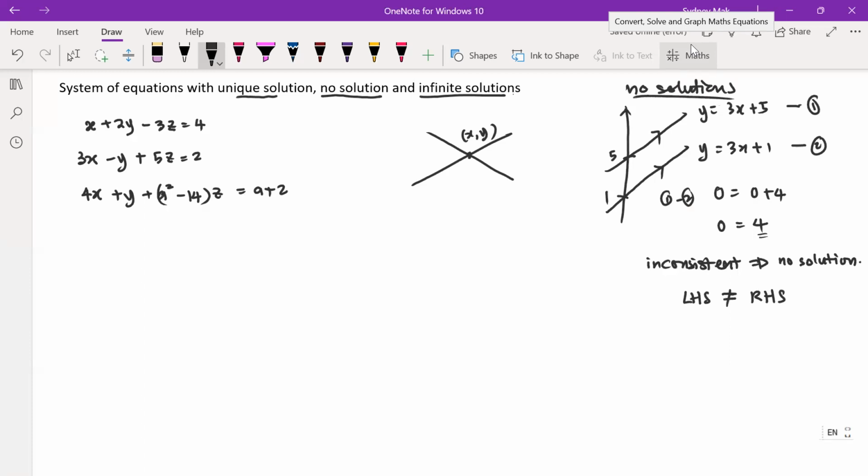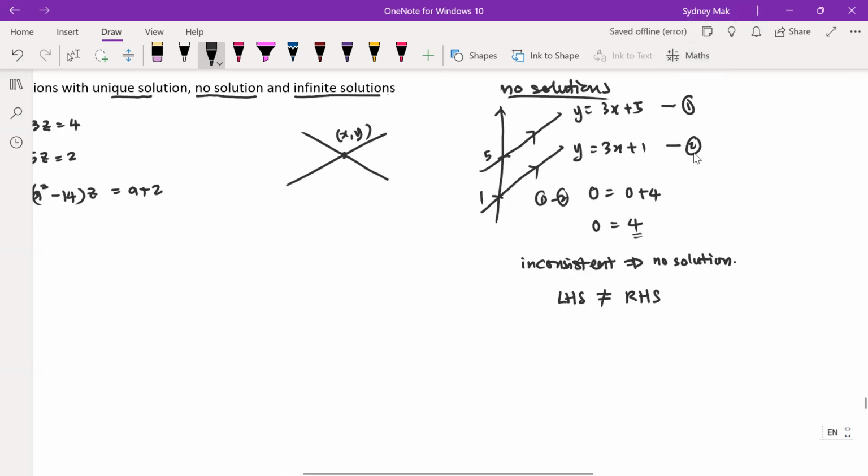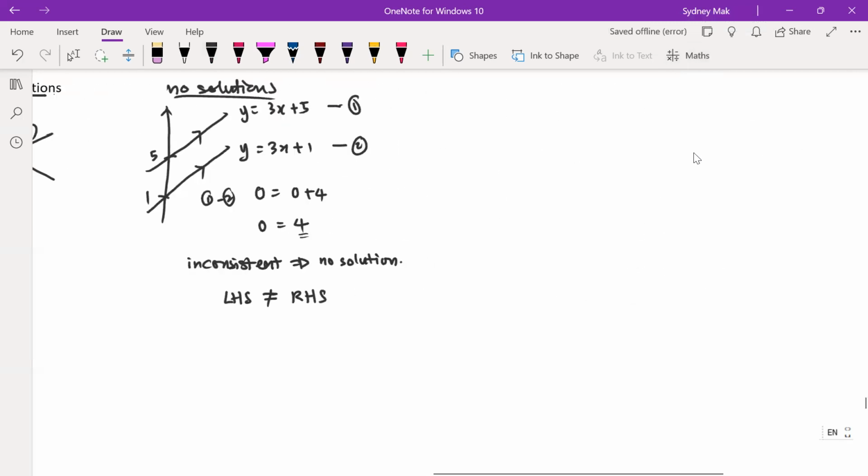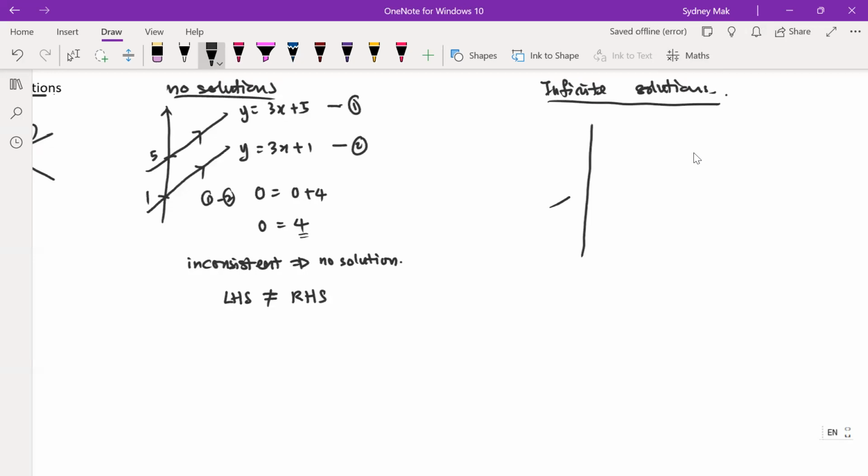All right, when is it an infinite solution? If I have an infinite solution, basically the two lines will intersect at multiple points. How do we get the multiple points? Say y equals 3x plus 5, and I have another line which is the same straight line that overlaps.